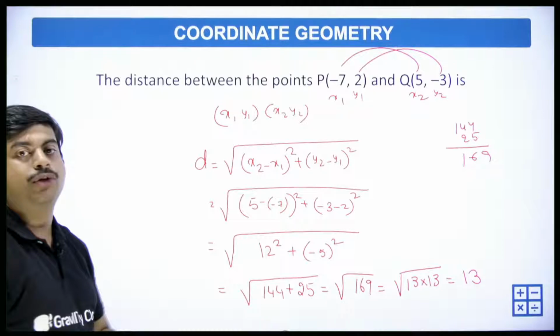Okay, so AB is equal to root over, this is x1 y1, let's say, and this is x2 y2. So x2 minus x1 whole square, 0 minus 5 whole square, plus y2 minus y1 whole square, 3 minus 0 whole square. That is the distance between 2 points formula.